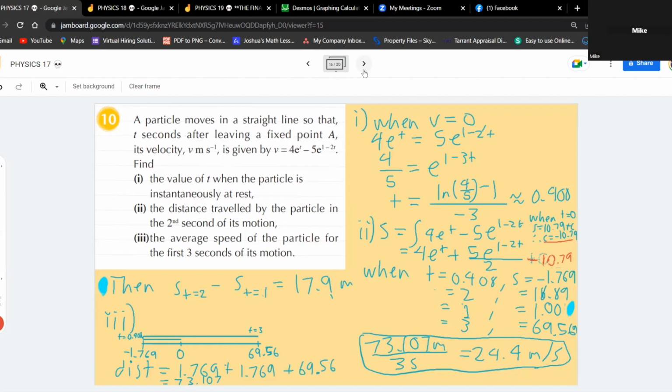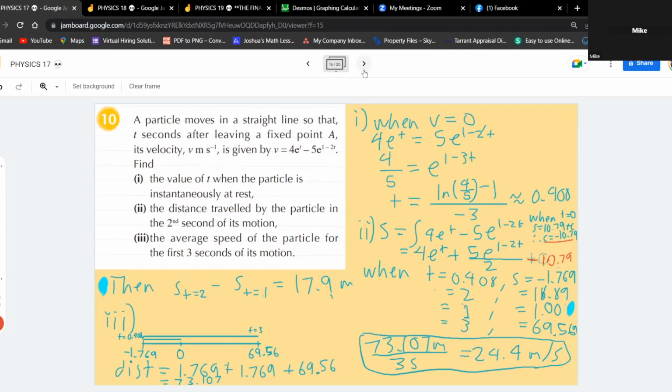Ngayon, so V is less than 0 when T is less than 0.408 seconds. So yung second is from T equals 1 to T equals 2, di ba? Opo. And during this second, V is greater than 0.